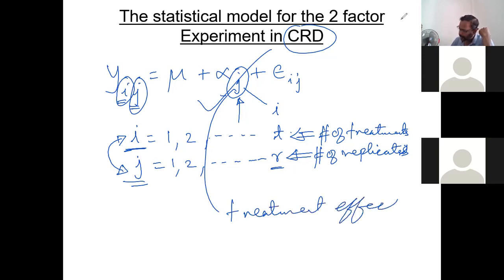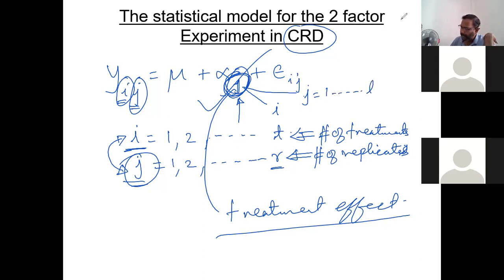If we consider the treatment effect as j, then we'll have to define j as the number of treatments. So we'll have to be careful with this I and j. If you put j, then j is from 1 up to t, and I is from 1 up to r. It depends on the definition. You have to be careful.